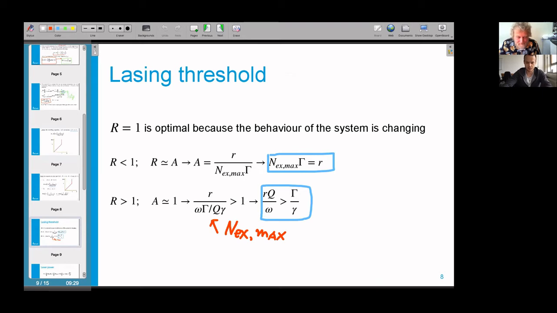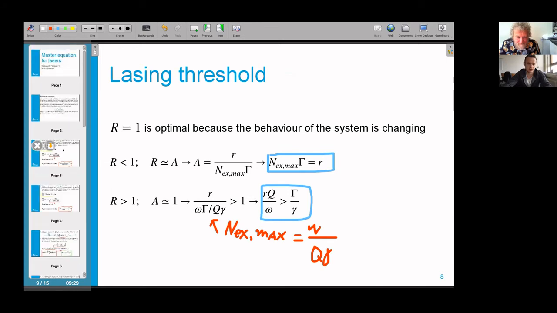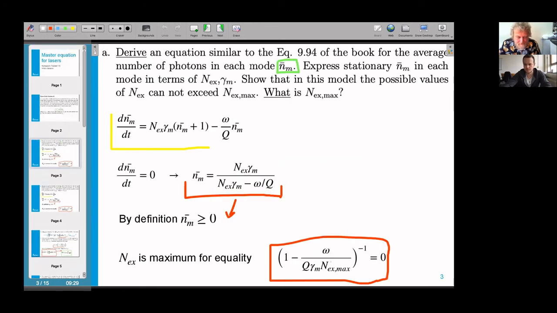So the number of maximum excited atoms is going to be omega divided by Q gamma. So from this expression, one can obtain the maximum.